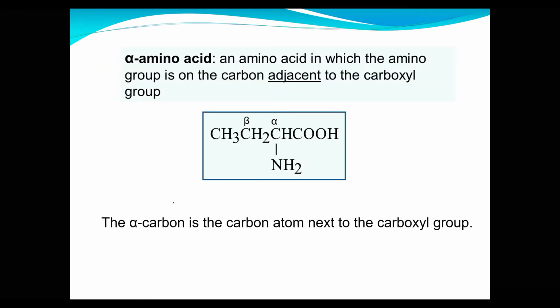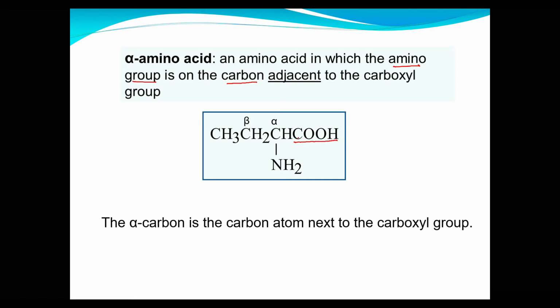Now, what is an alpha amino acid? It is an amino acid in which the amino group is on the carbon adjacent to the carboxyl group. As you can see in this structure, the carboxyl group is given here, COOH.